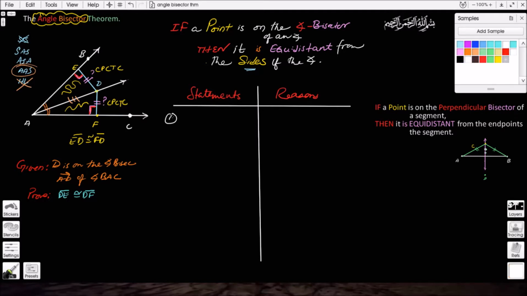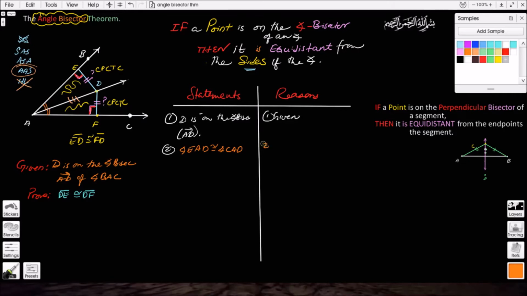The statements: given is D is on the angle bisector AD. From this, what we derive is that angle EAD is congruent to angle CAD.